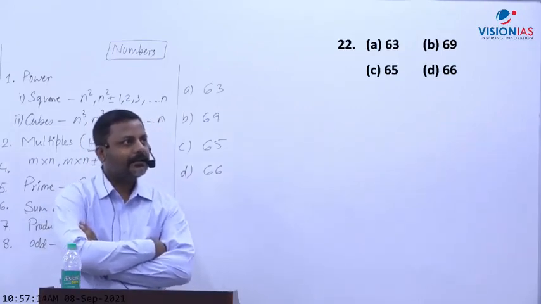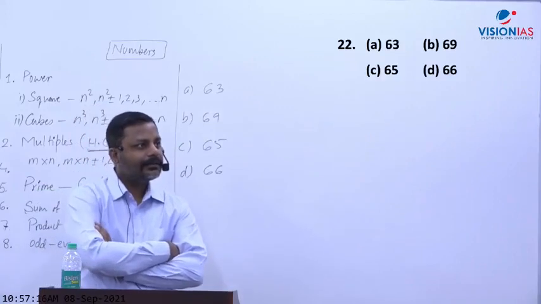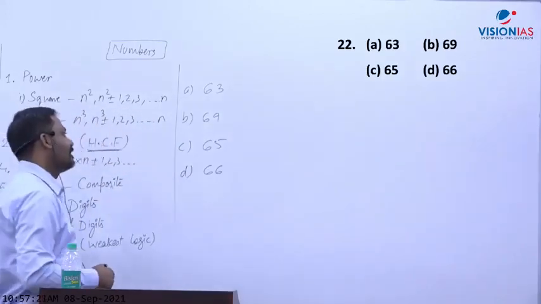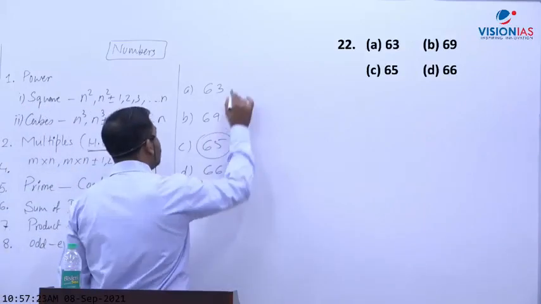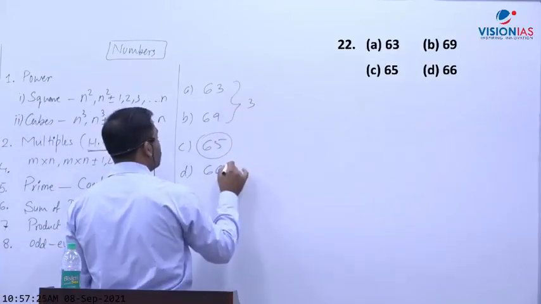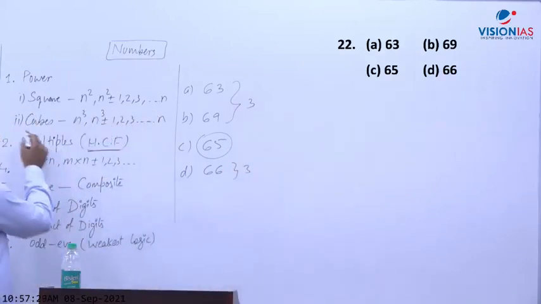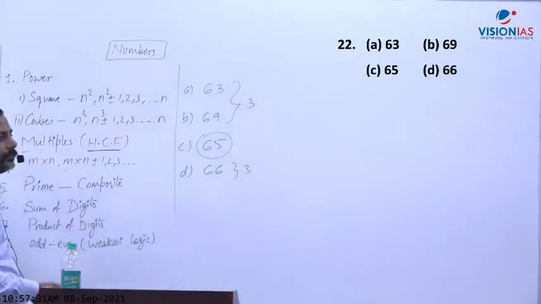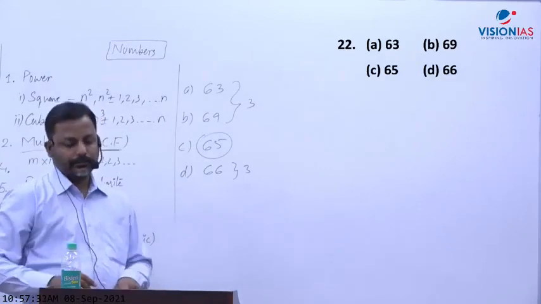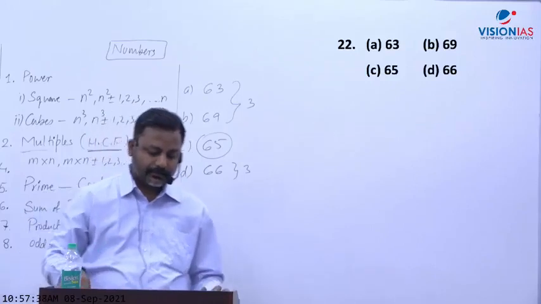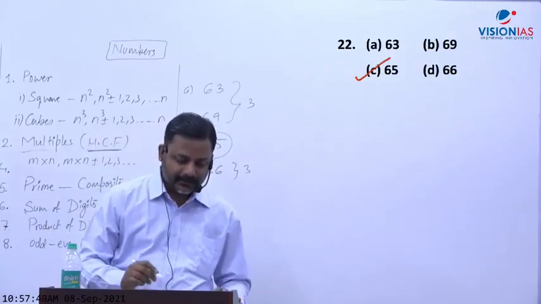Yes. As 69 is not divisible, rest are multiples of 3. 65 is not a multiple of 3 and the rest are multiples of 3. So this is the second logic, no? Cases of multiples, where we can see the highest common factor. So that's why here the answer is 65.